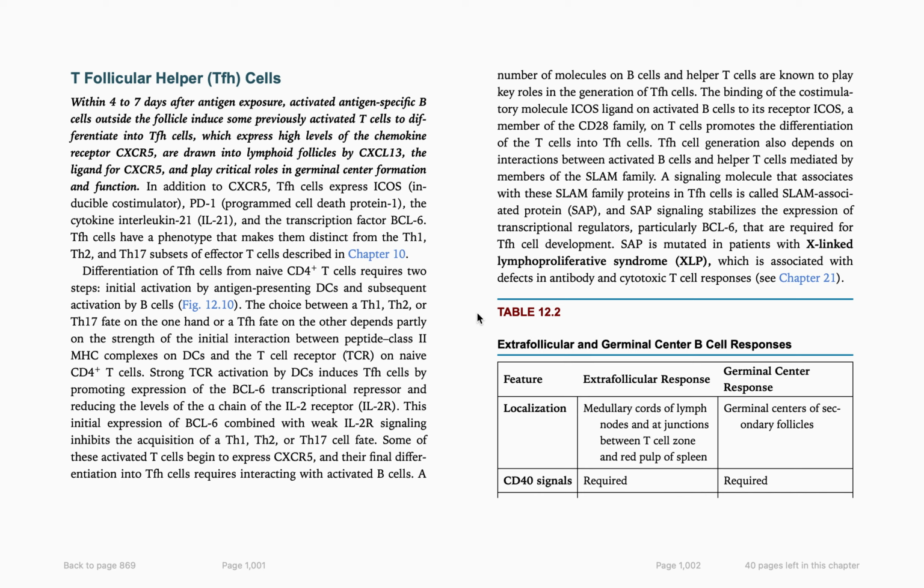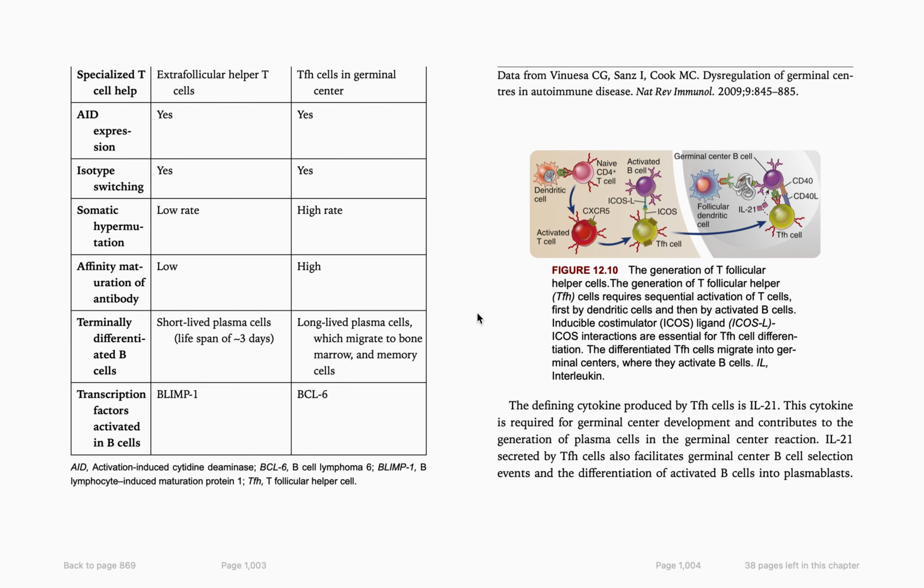CD40 ligand is required for both the extrafollicular response and the germinal center response. There are extrafollicular helper T cells, and there are also T follicular cells in the germinal center. AID expression: yes to both. Isotype switching: yes to both. Somatic hypermutation is very low for the extrafollicular response, but high in the germinal center.